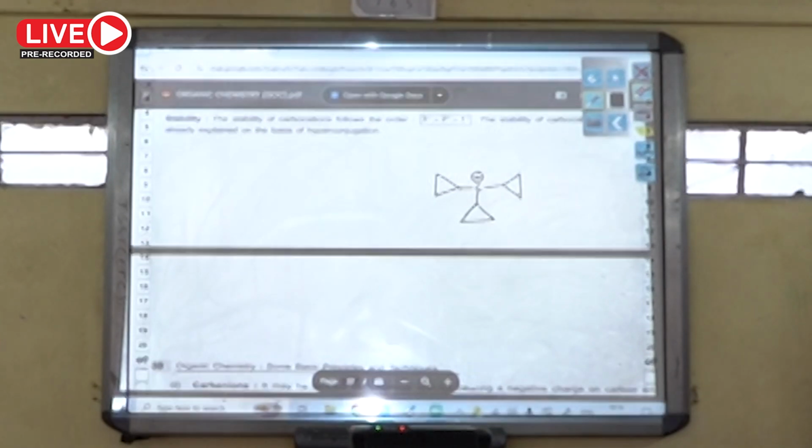Tricyclopropyl methyl carbocation is the most stable due to bent bond structures or dancing resonance forms.